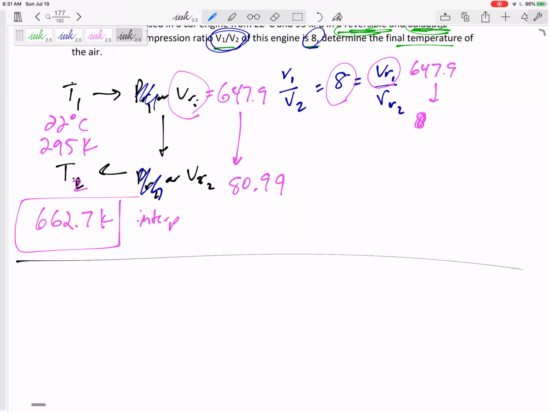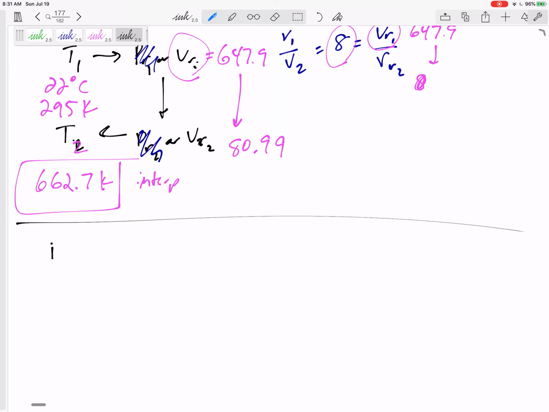All right, that is my preferred method. But what if we had used constant specific heats?